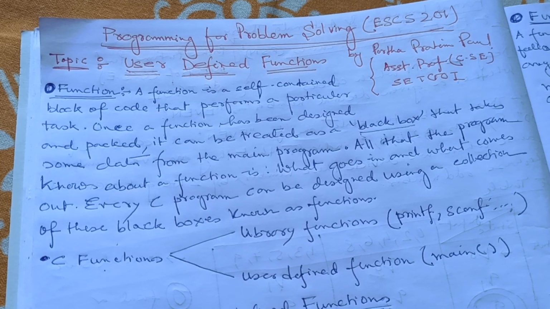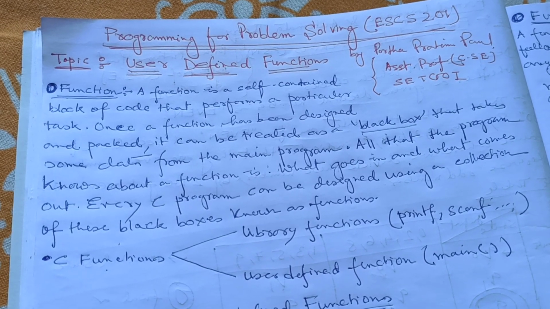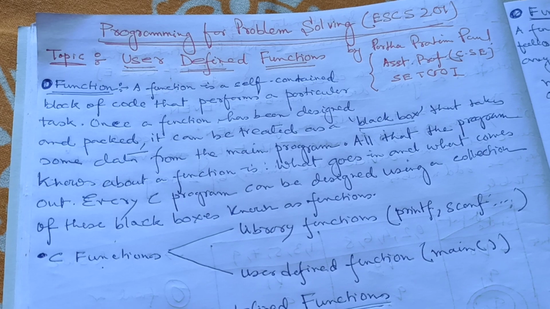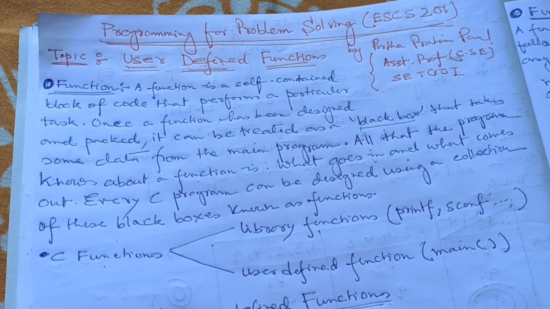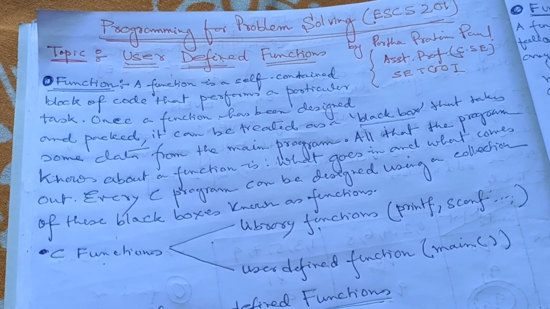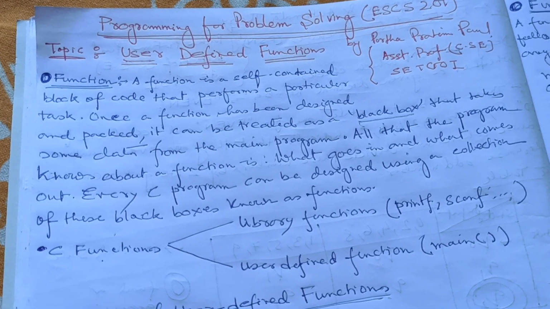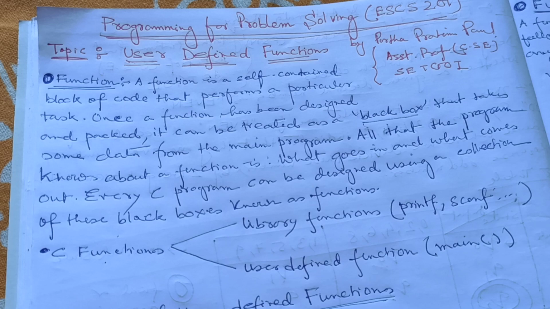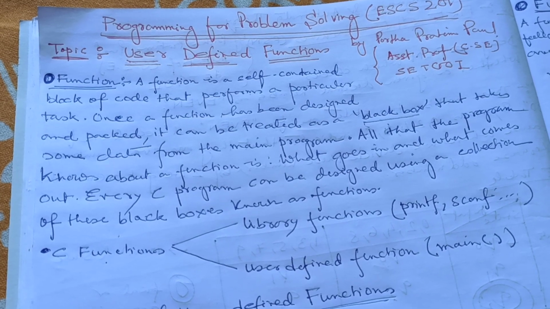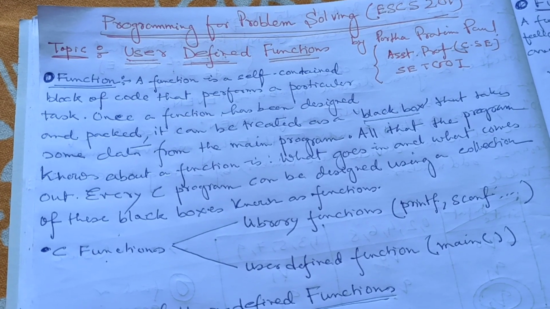All that the program knows about the function is what goes in and what comes out. Every C program can be designed using a collection of these black boxes known as functions.